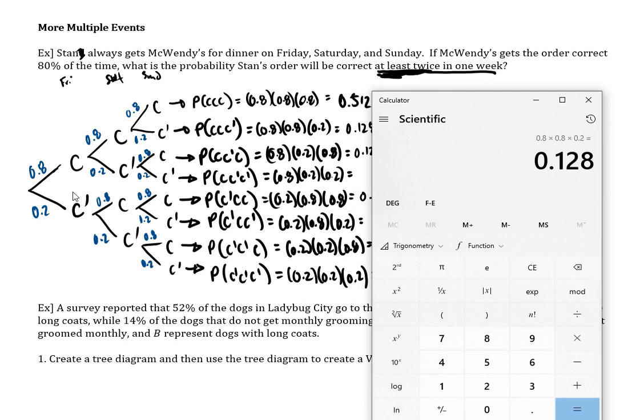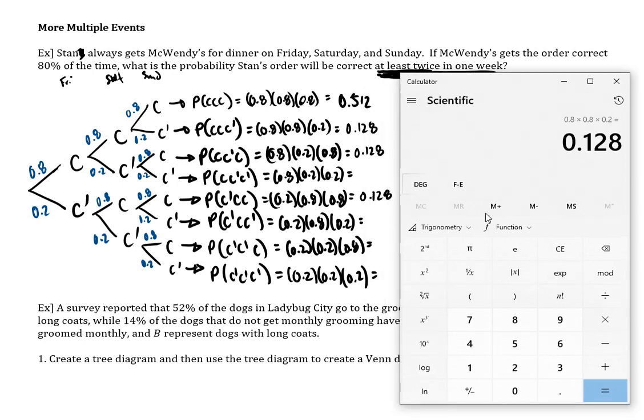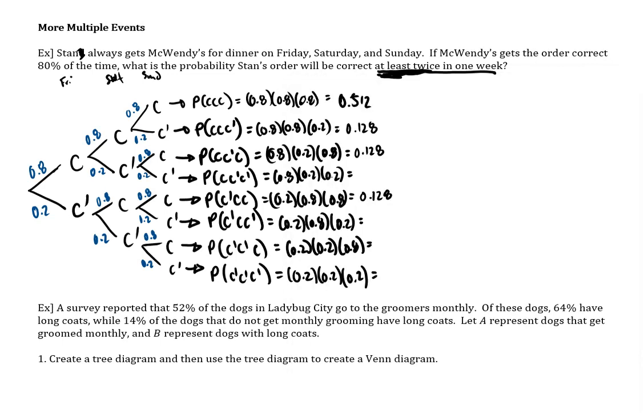Notice these would be called independent events too, because the probabilities for correct don't change from event to event. Okay, so anyway, we've got those, and then let's multiply the one that I skipped. The 0.8 times 0.2 times 0.2 is 0.032.